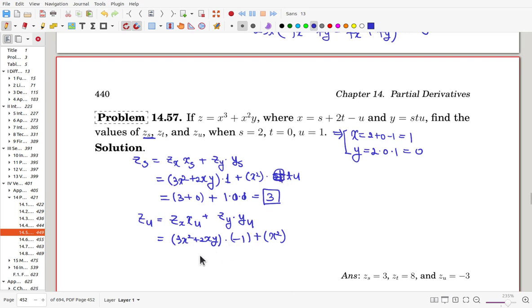Okay, here y sub u, that is st. And we know that value is 3 from here, again 3 times minus 1, and this one is again 0, so 1 times 0 is 0, so the final answer is minus 3.